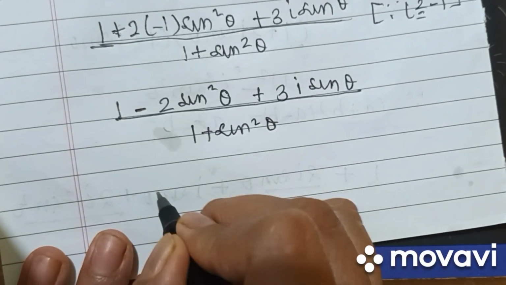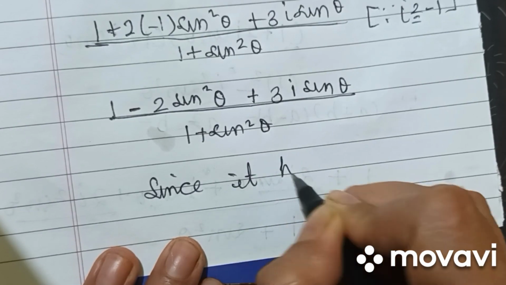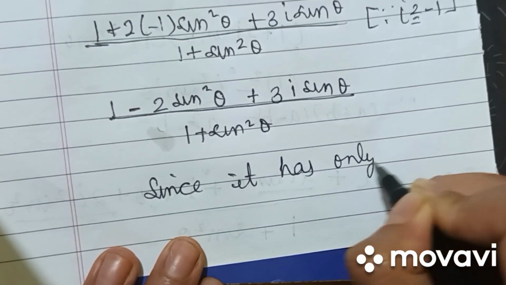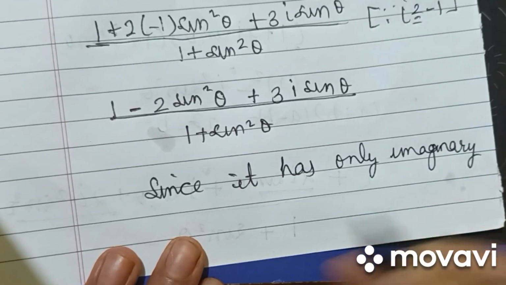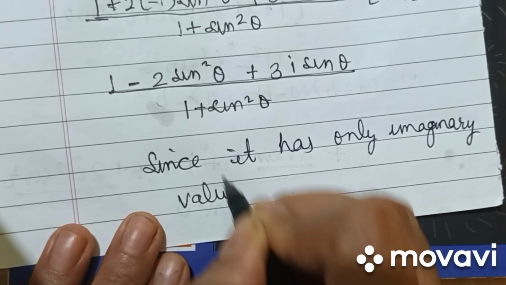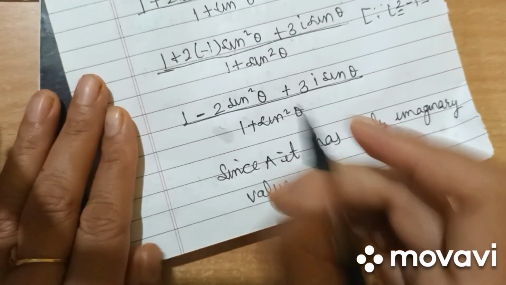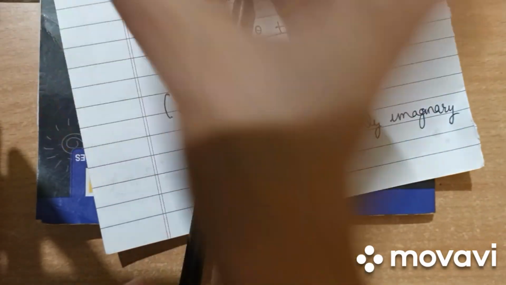Now, since it has only an imaginary value, we have been given that A contains all values that are purely imaginary, and in this expression the real part is this.